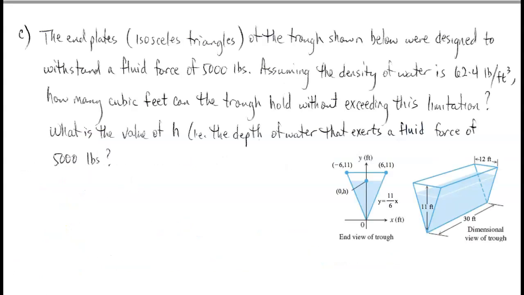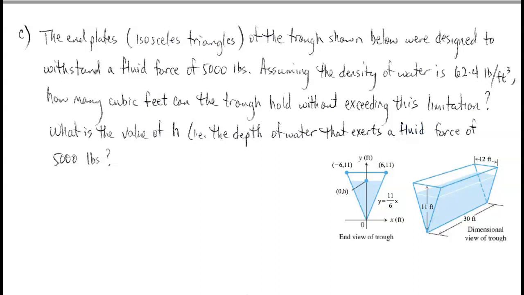Okay, so for our next example, we're going to do something a little different than what we've done in the other two examples, in that this time we are not necessarily looking for work, but we're going to talk about fluid force. The way that we model fluid force is similar to, but not exactly the same as, the way that we would model work.